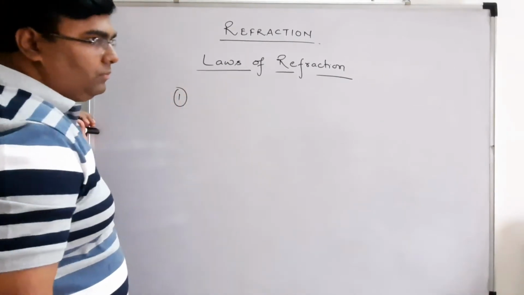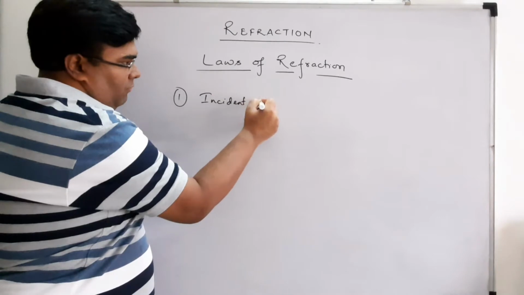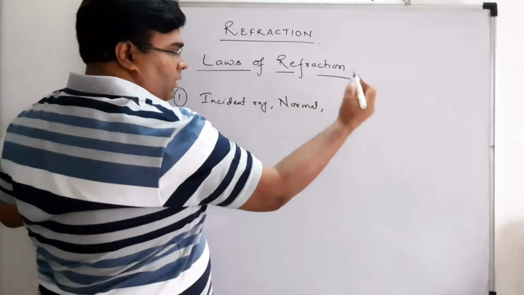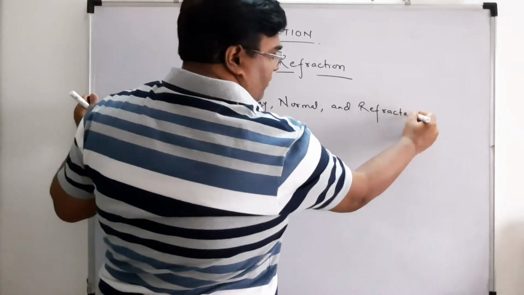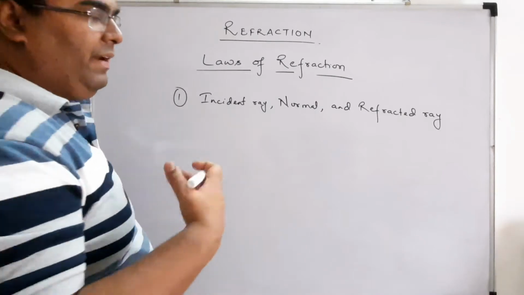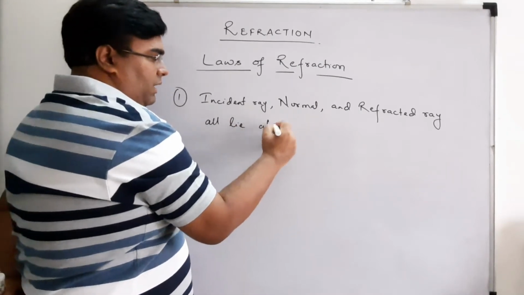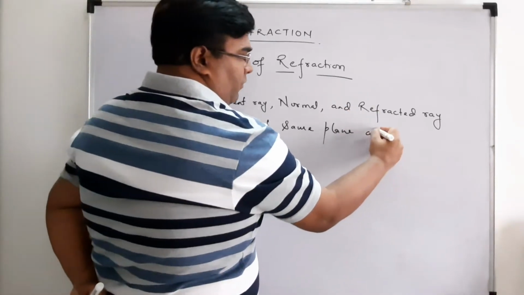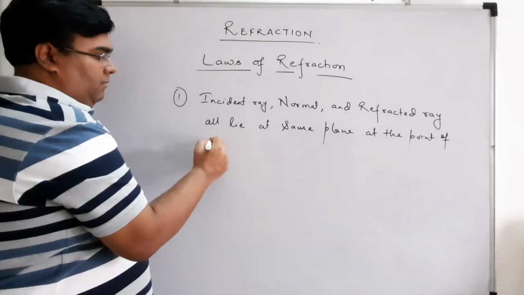It says that the incident ray, normal, and the refracted ray, sorry, incident ray, normal and refracted ray all lie at the same plane at the point of incidence.